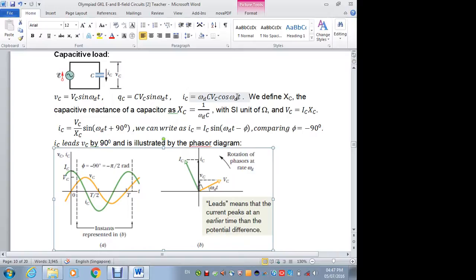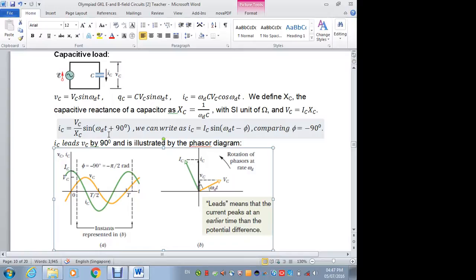But to make them the same, let's say I want to convert this one to a sine function. Then you do some trigonometry, and you will find that it has to be sine omega t plus 90. Because sine theta is equal to cosine of 90 minus theta.